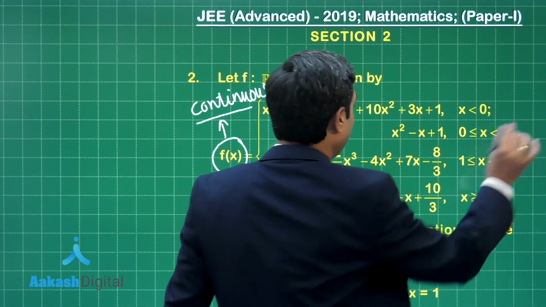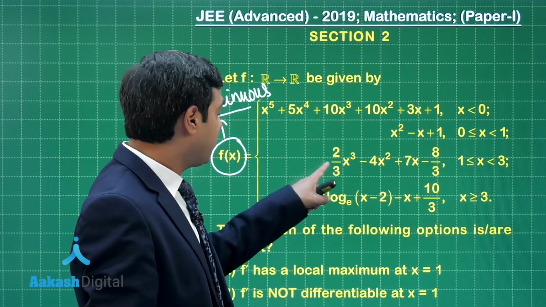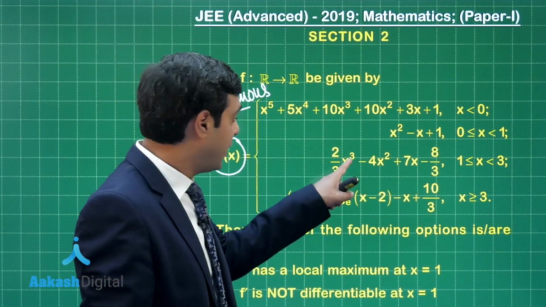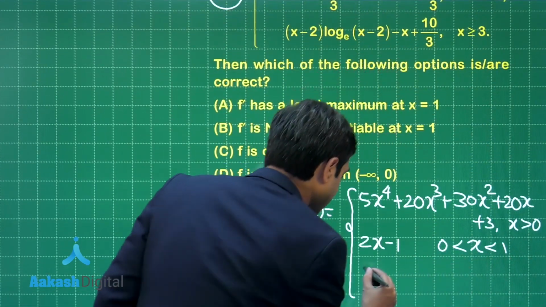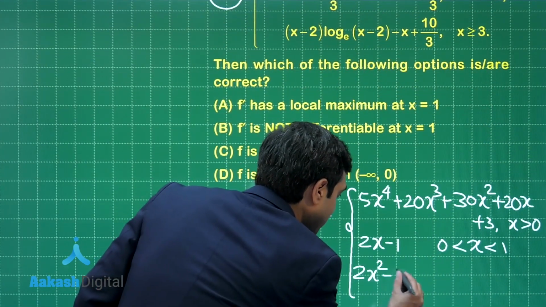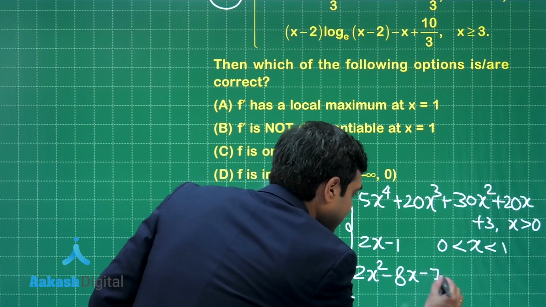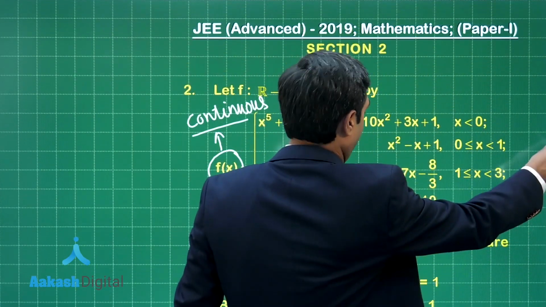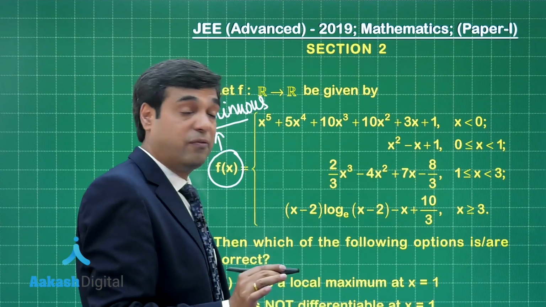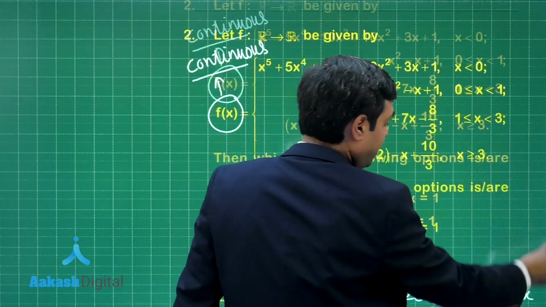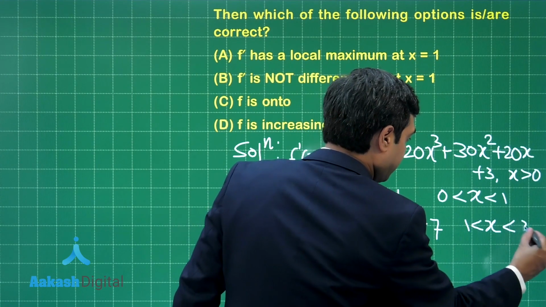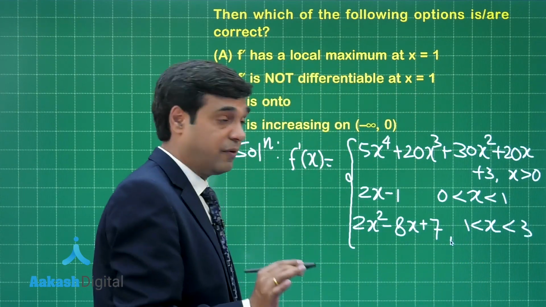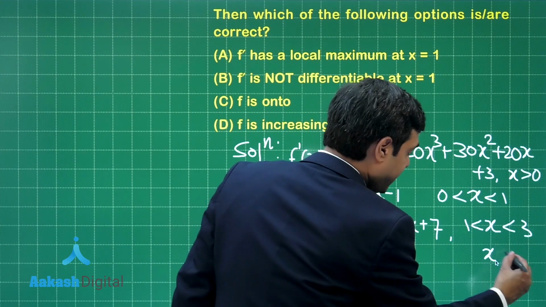Moving ahead we have the derivative coming as 2x^2 minus 8x plus 7. This is the third one, right? This is for the interval 1 to 3. Next interval when x is greater than 3.